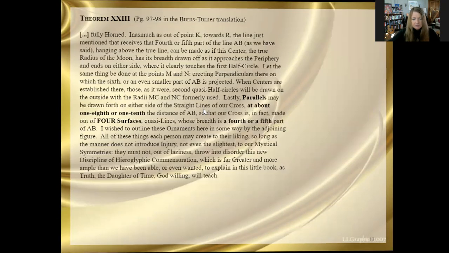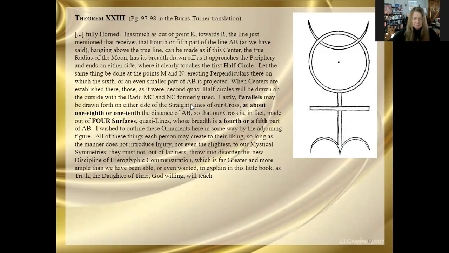So, as he continues there, he's going to be similarly imprecise in his preciseness when he says, and by the way, then he'll use the word radius again after this, parallels may be drawn forth on either side of the straight lines of our cross at about 1/8 or 1/10 the distance of AB.